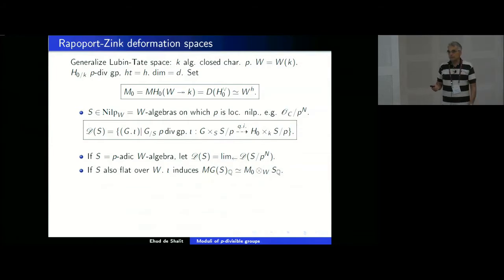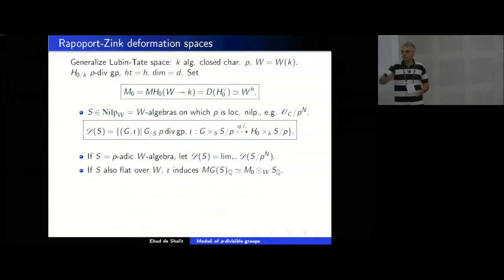And the point to note is that since we are including iota in the data, and since the crystal is a crystal, so it is uniquely determined by the reduction mod p, we have that M(G) depends only on G naught, so to speak, on G reduced mod p, which is quasi-isogenous.